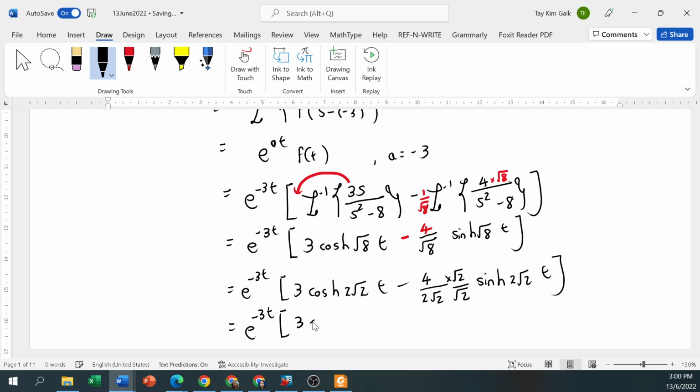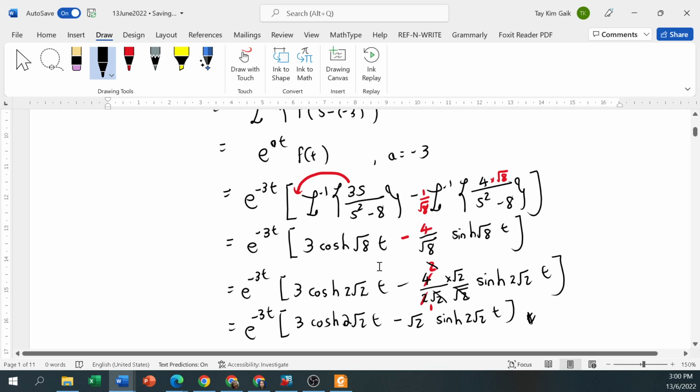So I get 3 cosh 2 root 2 t. 2 times root 2 times root 2 is 4, which cancels with this, so we are left with minus root 2 sinh 2 root 2 t.